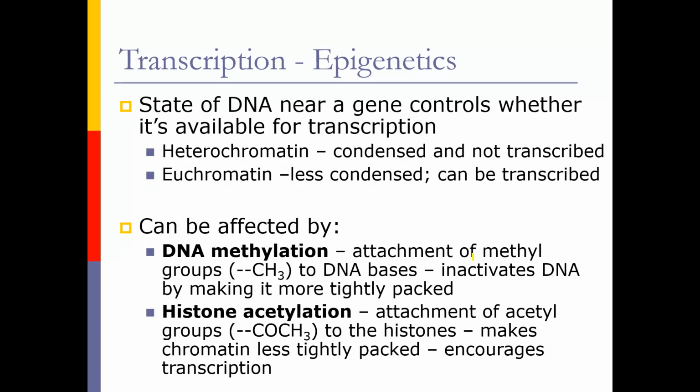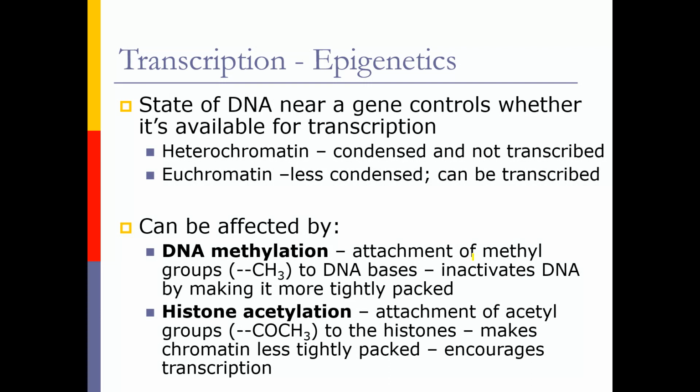So some of these epigenetic changes involve the state of the DNA, okay? So remember that most of the time DNA is in the chromatin form, and even in the chromatin form, DNA is kind of tightly compacted. It wraps around those proteins called histones to form the nucleosomes, and then that allows that 6 feet of DNA to fit in that little tiny nucleus.